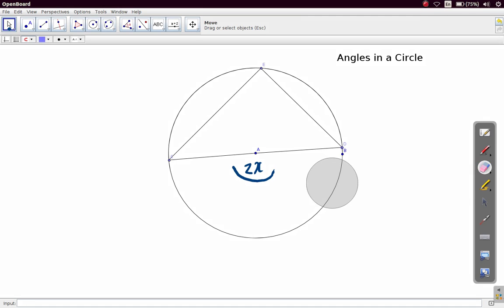Now, this line here going right across is a straight line, so it is the diameter. Question is, what is this angle here? It is 180 degrees, right? So it is 180. You will find that this angle is a right angle, 90 degrees.